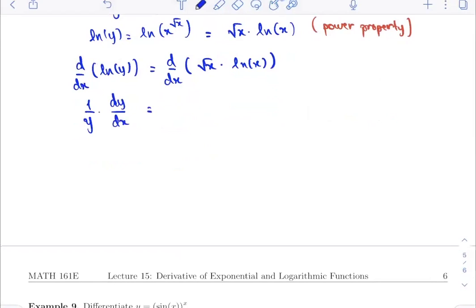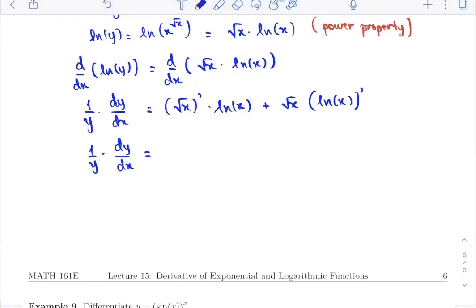For the right-hand side, you have the derivative of a product, so you need to apply the product rule. That is the derivative of square root of x times ln of x, plus square root of x times the derivative of ln of x.